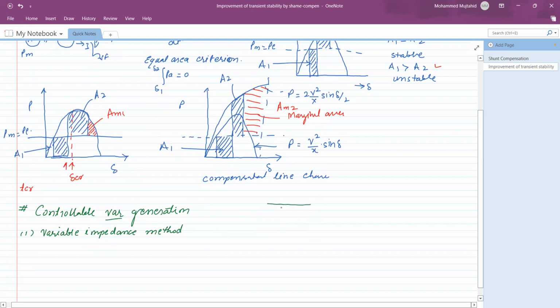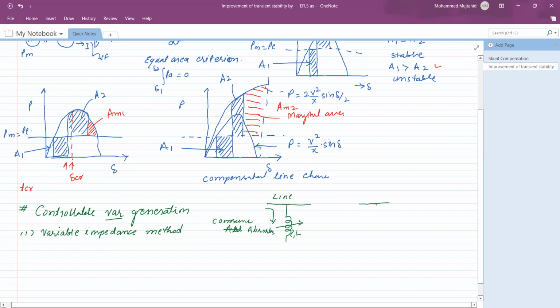For example, this is the line, and here we have connected a parallel element. It is a shunt compensation. We are going to control the current in the inductor, IL. Here it consumes reactive power because it is an inductor, or in other words, it absorbs reactive power.